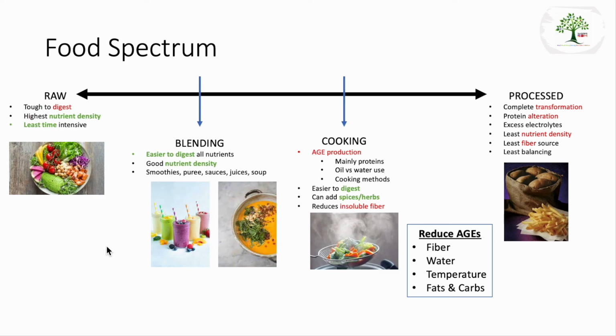Things like frozen vegetables or frozen berries are a great option for you to be able to make more smoothies at home, rather than having to worry about the shelf life piece that might come with something like canned or anything that's even more processed than that. So just try to see what you can do to reduce the processing of a food and reduce the amount of AGE production or inflammation production.